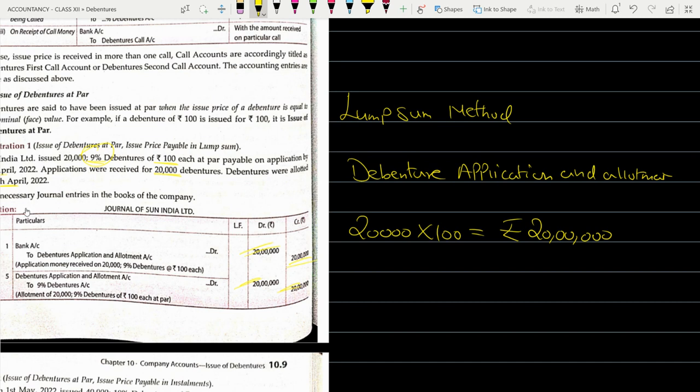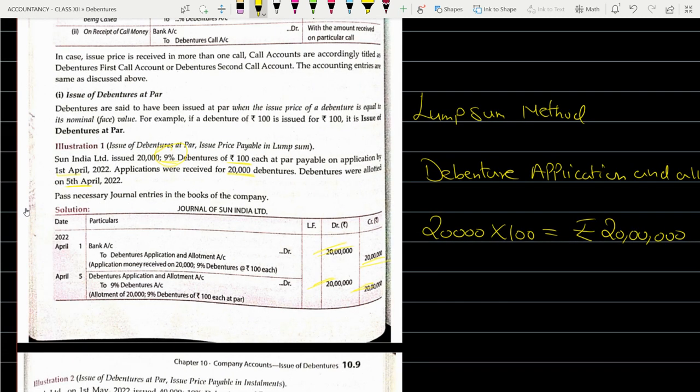Number one, the date. If you see, the date of issue has been mentioned as 1st of April 22. So the amount of application should be recorded on this particular date, and it was mentioned the debentures were allotted on 5th of April. So this is the entry for the allotment, and this should be recorded on 5th of April 22.